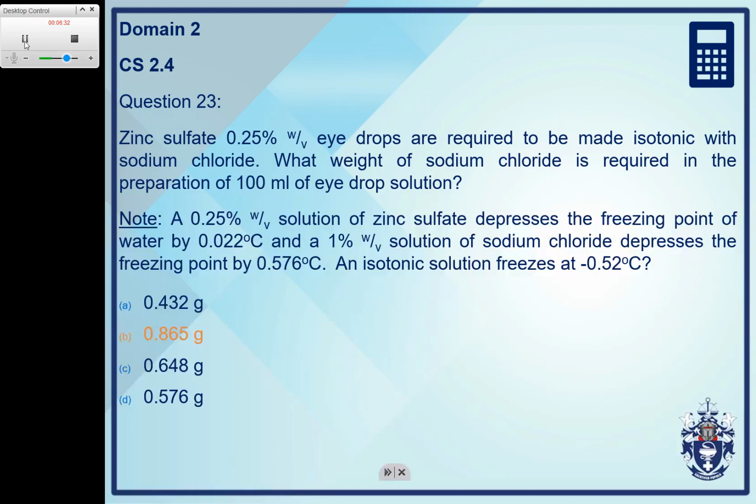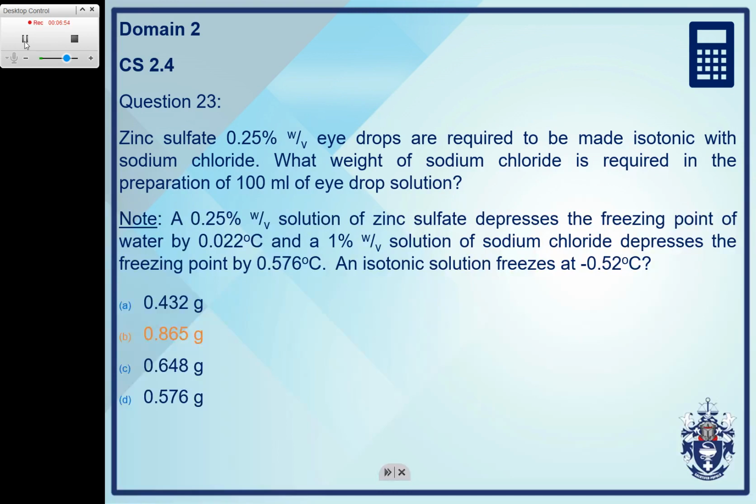So let's start off with what type of calculation this is. This is clearly an isotonicity calculation, and based on the information that was supplied, this is a freezing point depression calculation.